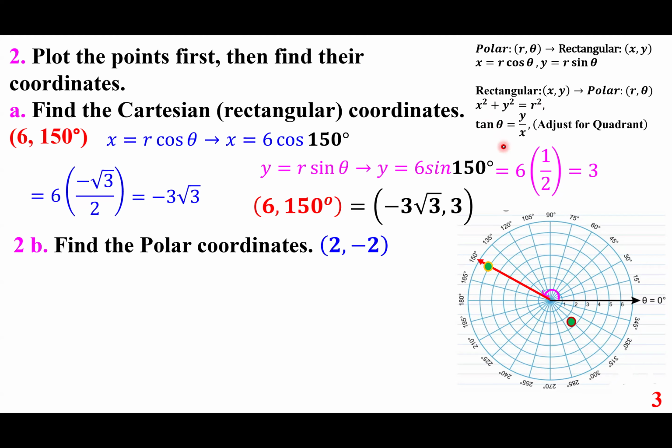So having said that, x squared plus y squared, 2 squared and negative 2 squared. This is 4, this is 4, we get 8, and r is square root of 8 or 2 square root of 2. I'm assuming by now nobody has any problem with that, okay? So that's pretty straightforward, everybody.